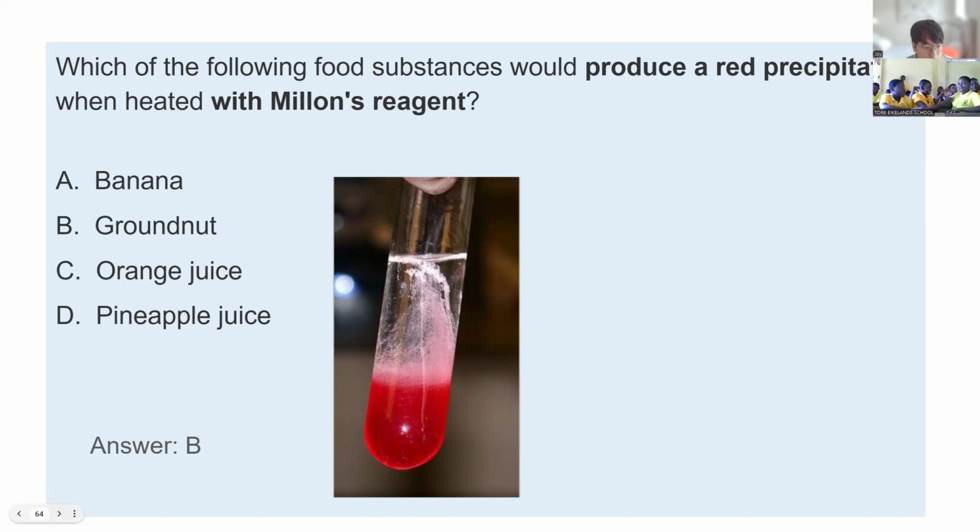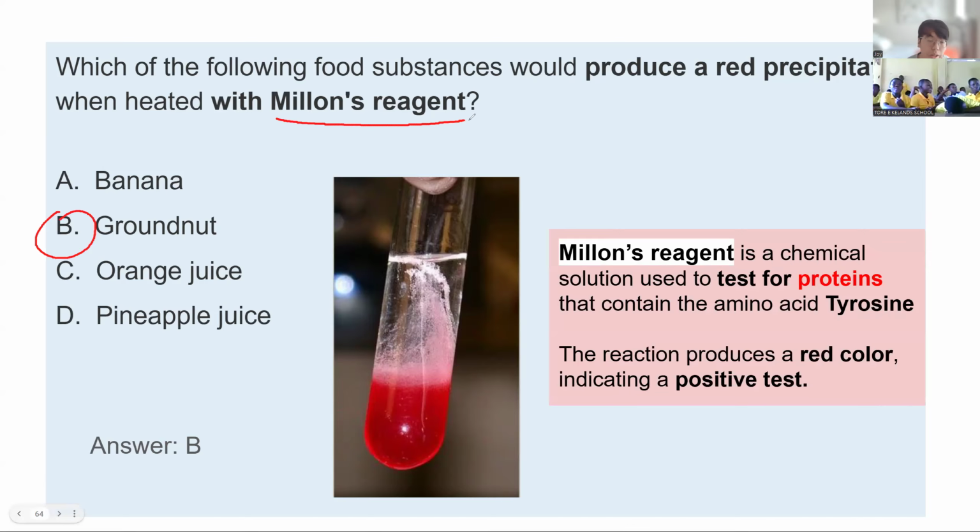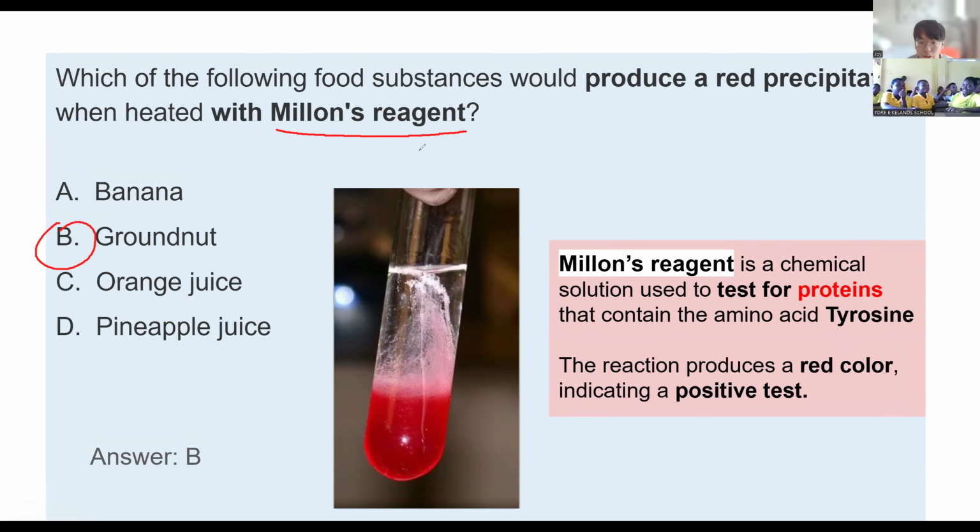The key clue here is Millon's reagent. Millon's reagent is a chemical solution used to test for proteins. So whenever you see Millon's reagent, think about testing for protein. That reagent produces a red color if it reacts with the protein. So whatever has the most protein would show the red, right?